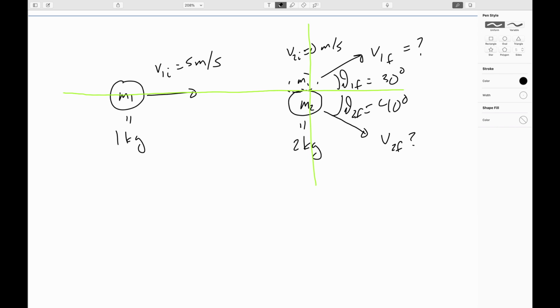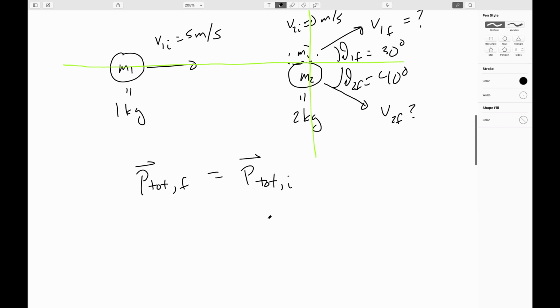So since they cancel, the net force is 0. That makes the system isolated. Since the system is isolated, we are allowed to demand that the total momentum after the collision be equal to the total momentum before the collision. And again, we will need to do this in components.